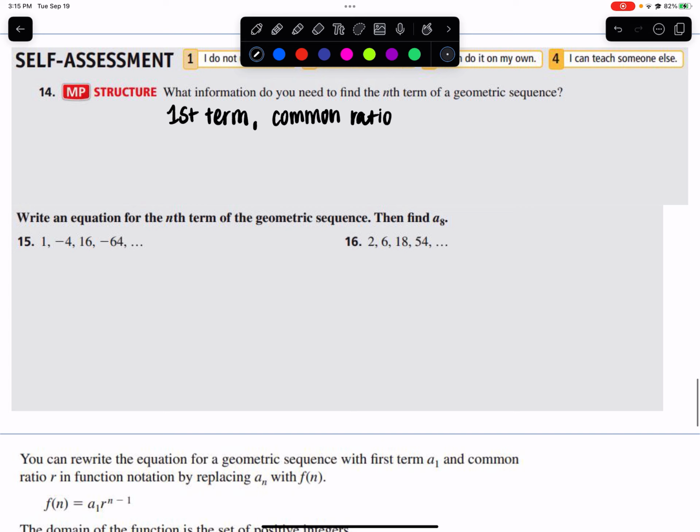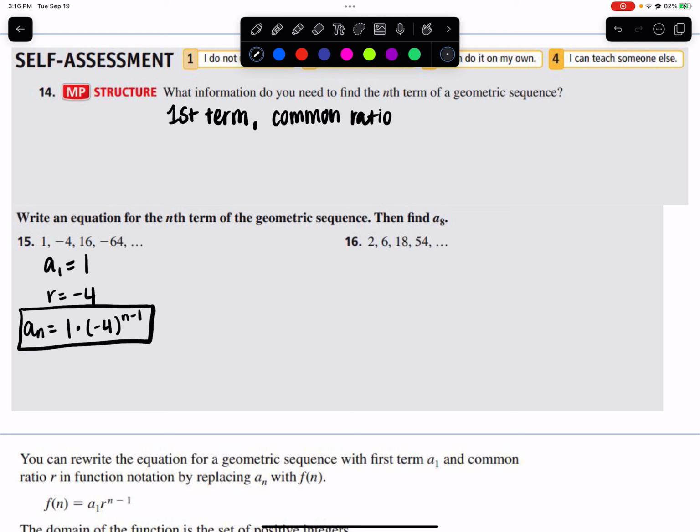All right, 15 and 16, we are finding our equation and then finding a sub 8, or our 8th term. So to find the equation, we're finding first term and common ratio for number 15. First term is 1. Common ratio is -4. So my equation is a sub n equals 1 times -4 to the n minus 1 power. You could also simplify this and rewrite it without the 1.